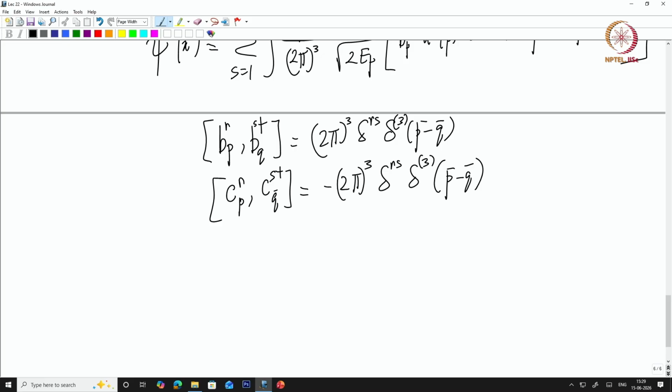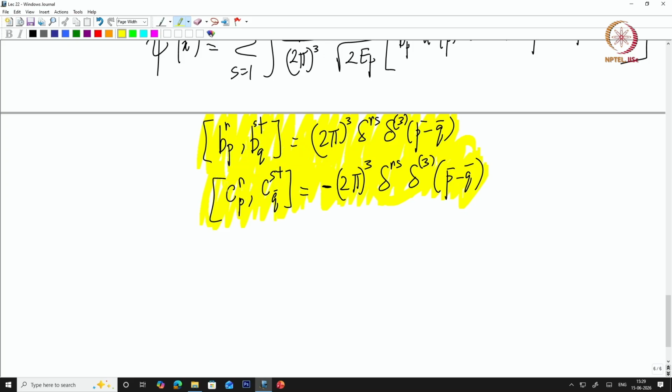Now there is a minus sign here, this should be noted. So if you take a commutator for the ladder operators and try to impose quantization conditions with commutation, you end up with a negative sign for the ladder operators.